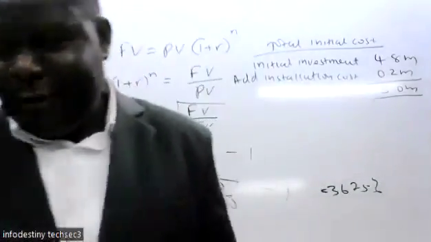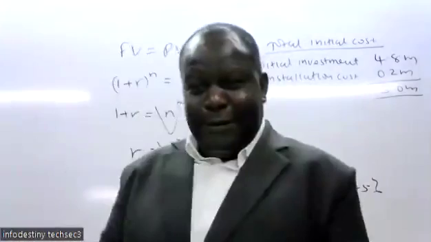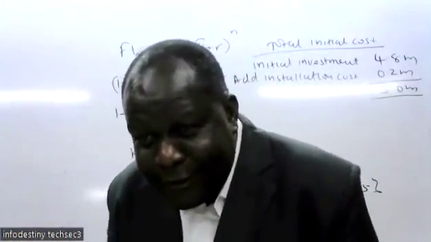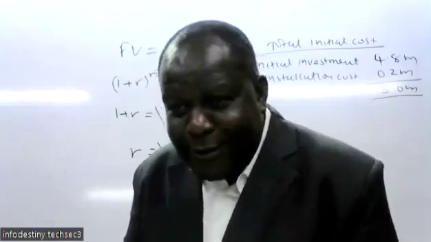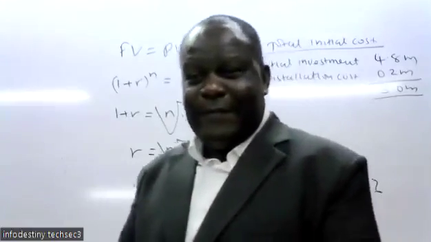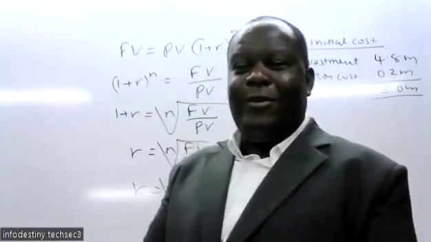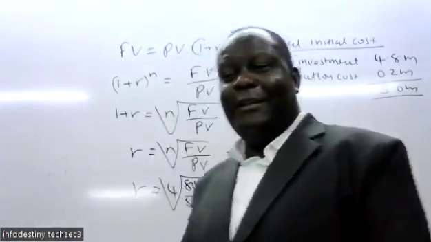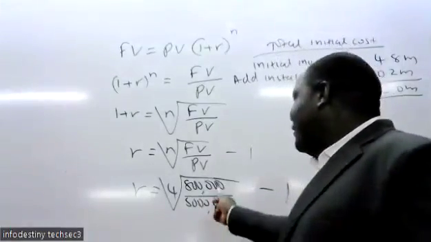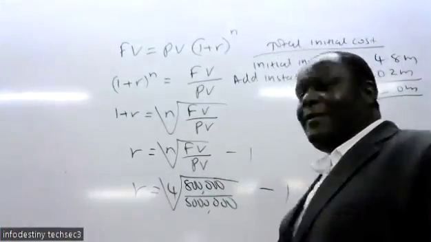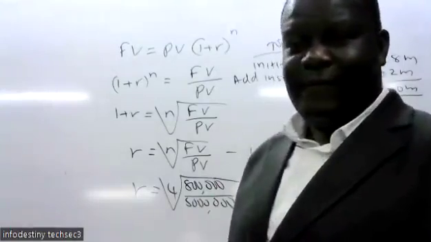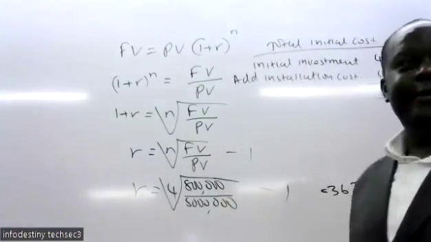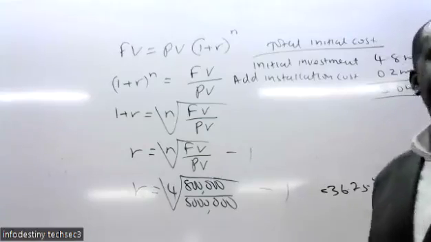How did you get it? When I'm asking, they are just quiet. Now they are asking me, how do we get the value? So when you go to your calculator, I want you to start with this figure: 800,000 divided by 5 million.